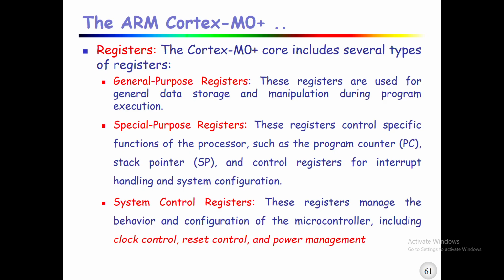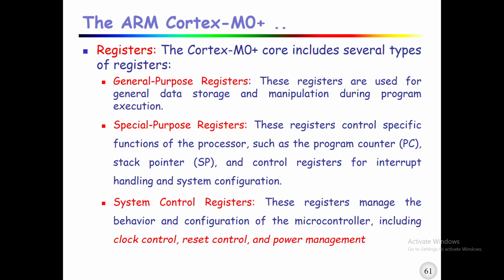Okay, special purpose registers. These are used mostly for controlling specific functions of the processor, such as program counter, stack pointer, control register for interrupt handling and system configuration. That's why they are referred to as special purpose, because they are performing specific functions which are specifically performed by the operating system.